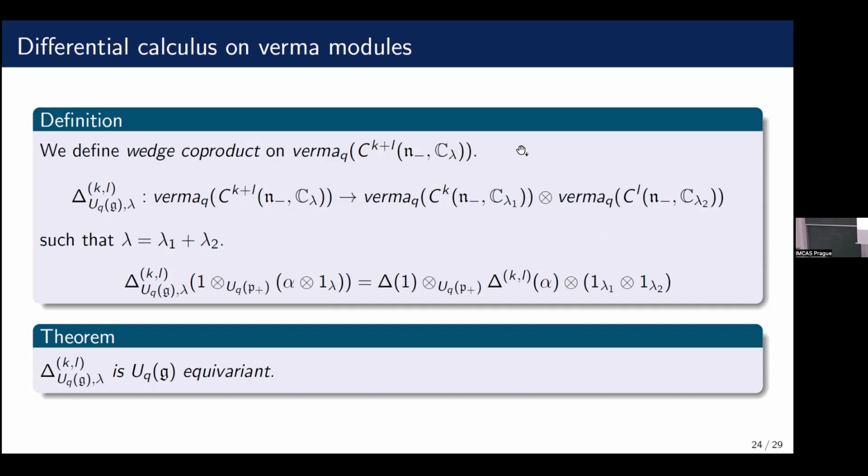So your wedge coproduct on this Verma module is defined in this way. The middle one is the wedge coproduct you have already seen at the level of UQL modules, because we know any wedge power of n plus is a UQL module, so we can bring all the theory into this framework.